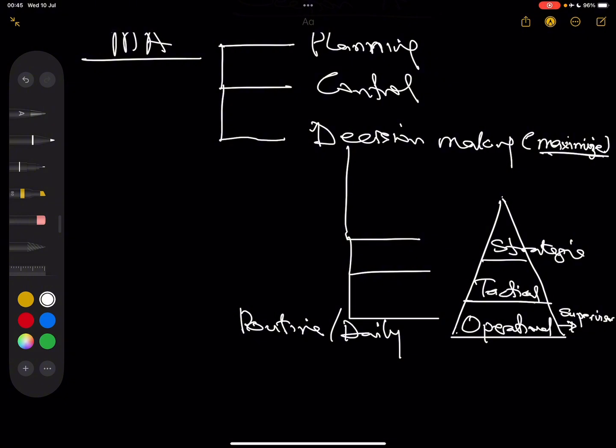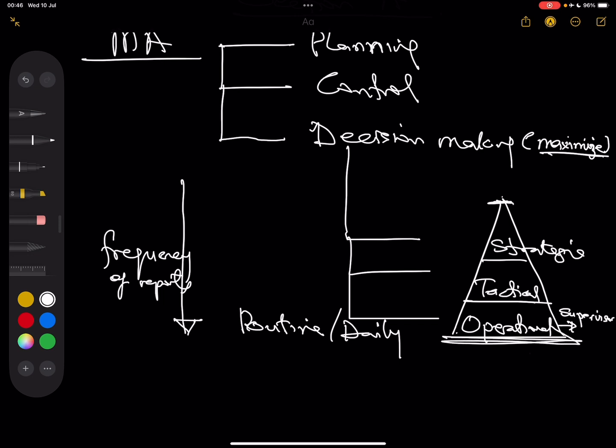So their frequency is pretty high. In terms of frequency of data availability or information availability, it increases like that. So in frequency of reports, you have the least frequency at strategic level and the highest frequency of reports at operational, because it happens more frequently.